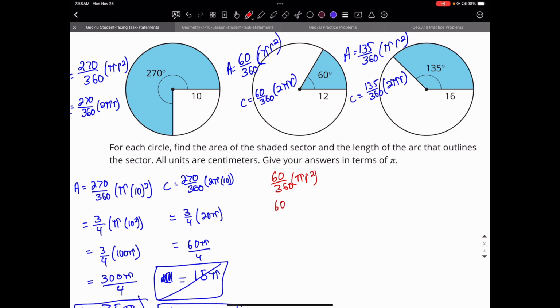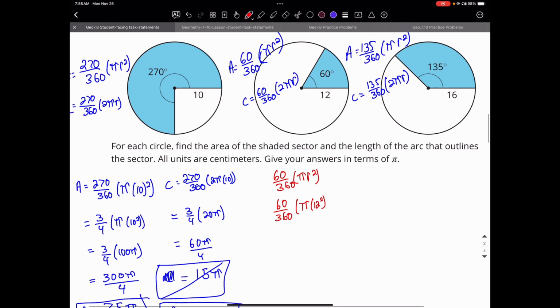So then 60 over 360 times pi, and our radius is 12, so times 12 squared. 60 over 360 is going to simplify because 60 is a factor of 360.